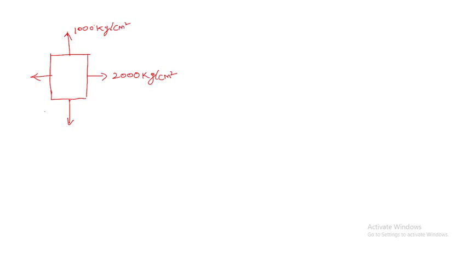If I draw the diagram like this, we can say this is point A, and this is 15 degrees. So this is the axis of minor stress.